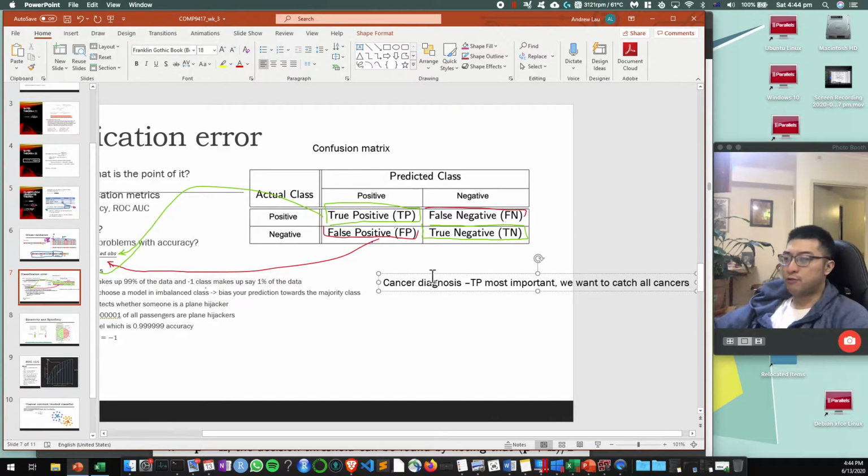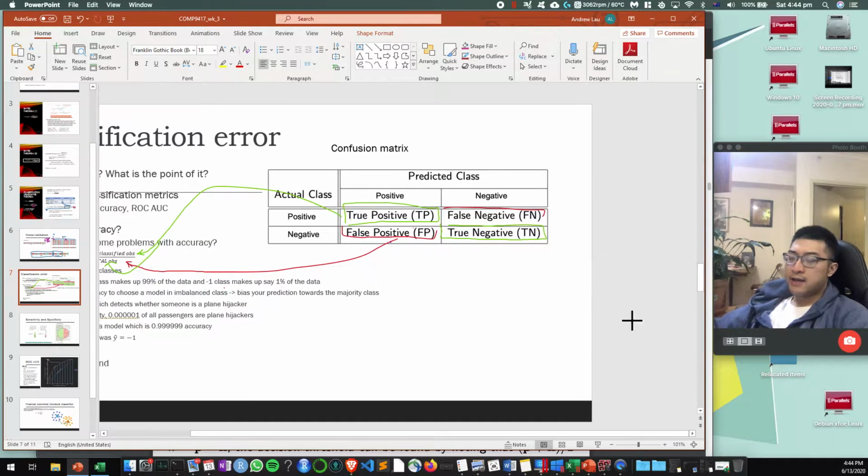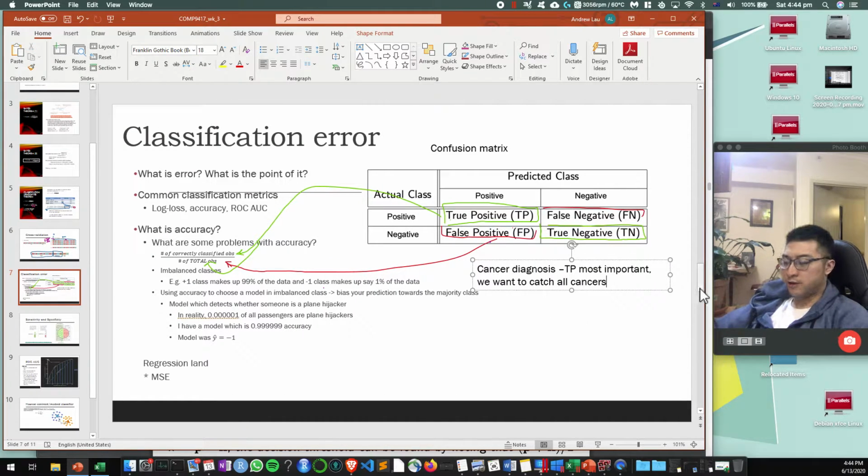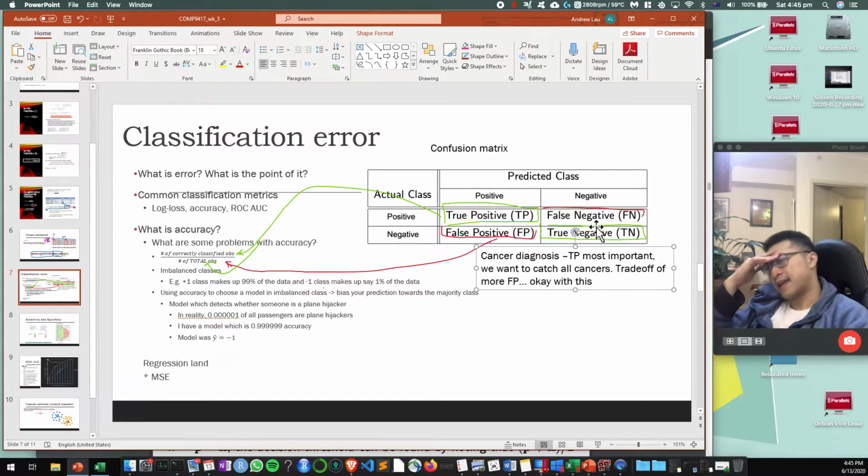Now, this may come at a trade-off of, say, more false positives, but maybe we're okay with this because it is pretty catastrophic to have a false negative, where they say you're negative for cancer, but you actually do have cancer.